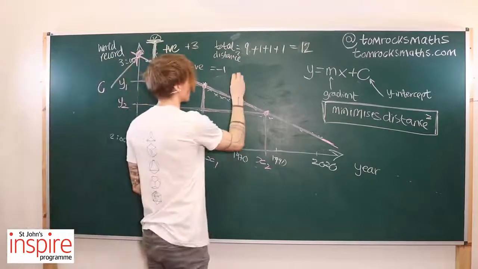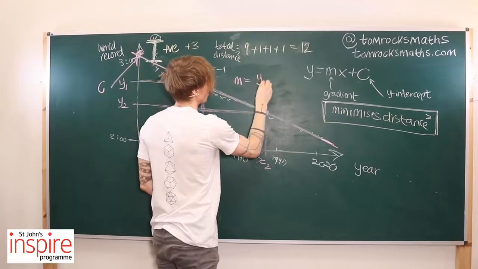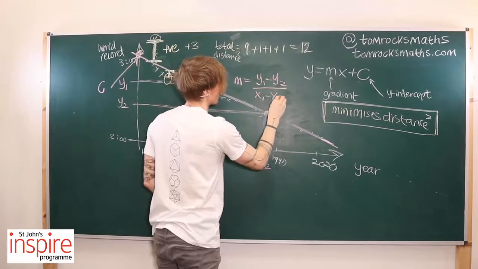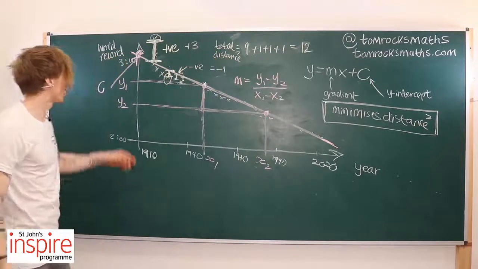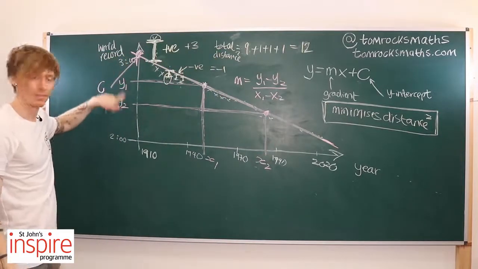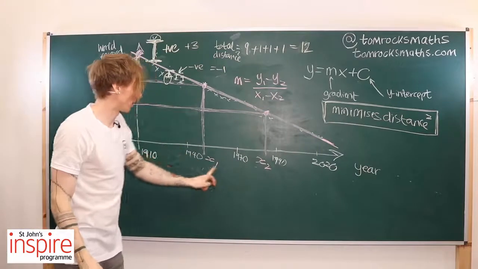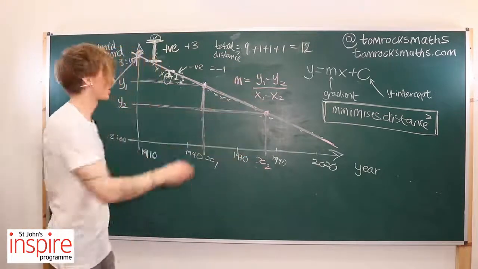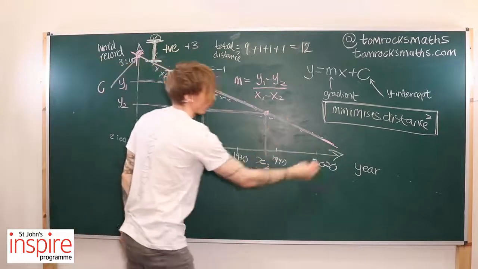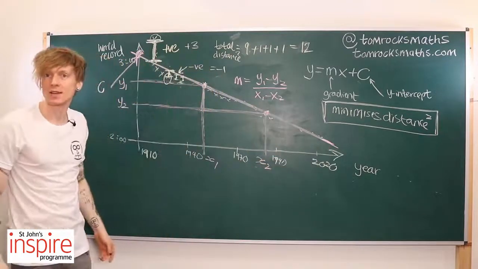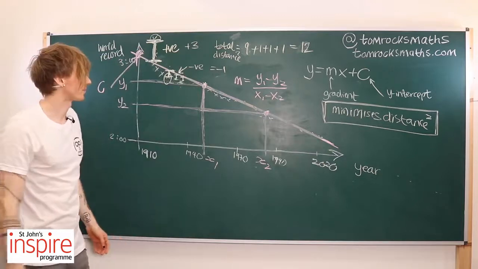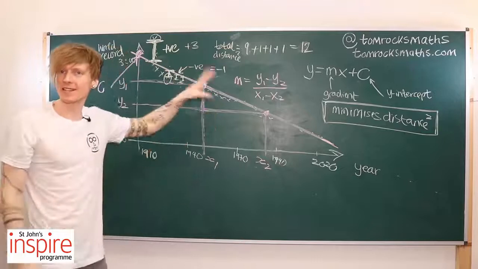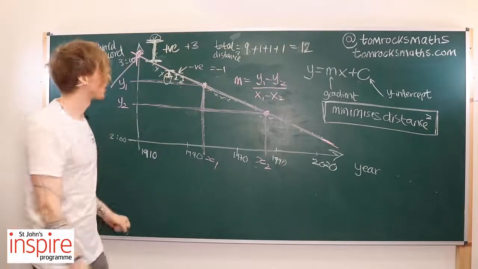And then your gradient is given by y1 minus y2 divided by x1 minus x2. You'll notice here that y1 is bigger than y2 because it's above it, and x1 is less than x2. So this whole thing will be negative, which is what we expected because we had a negative correlation, or a negative gradient, for a line of best fit. So this is all very approximate. As I said, we will calculate exactly what this is in a moment.